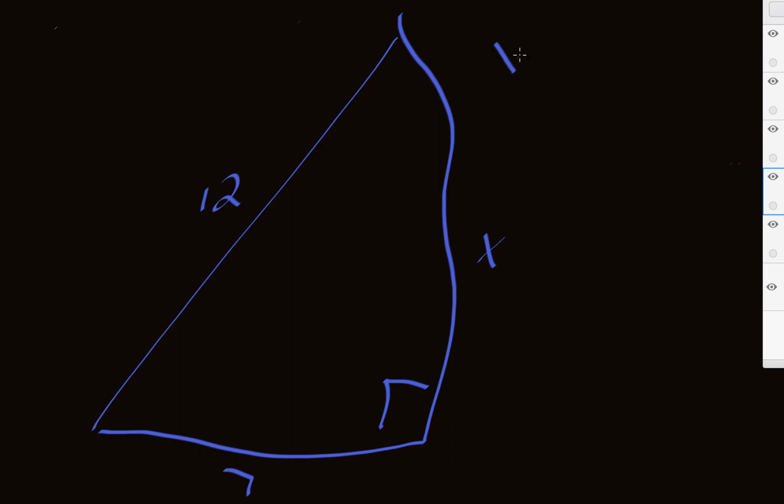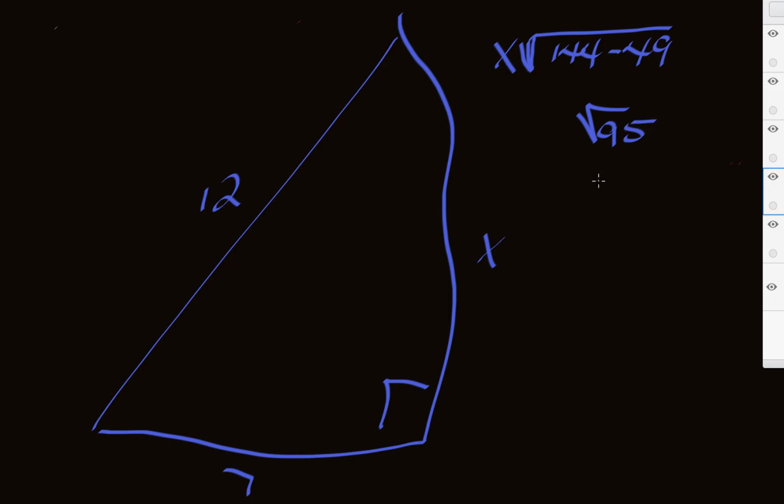So we look for x, and x is the square root of 144, that's 12 squared, minus 49, which is 7 squared. 144 minus 49 is 95, which gives me the square root of 95. I don't know the square root of 95.